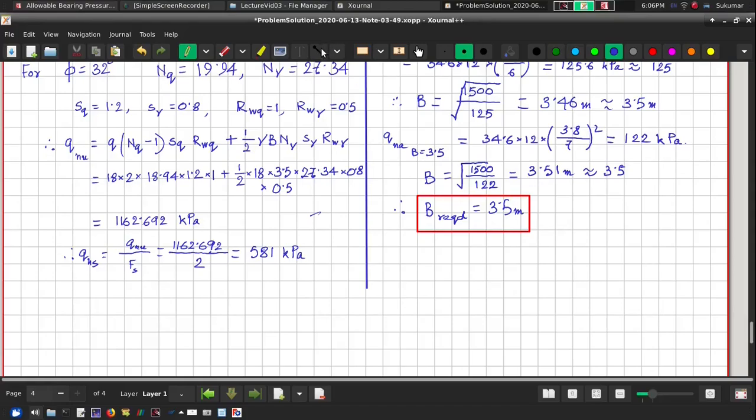Okay, so this is greater than, I'm sorry, this is greater than 122 kilopascal, and therefore settlement governs the design.